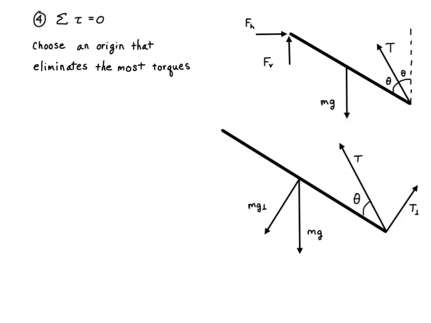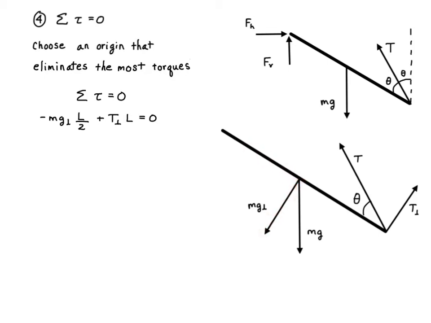Of course, we're only interested in the perpendicular components of the forces, mg perpendicular, and the perpendicular component of the tension, T perpendicular here. So writing out the sum of the torques equals 0, we have minus mg perpendicular times L over 2, minus because the mg perpendicular wants to rotate the beam in the clockwise direction.